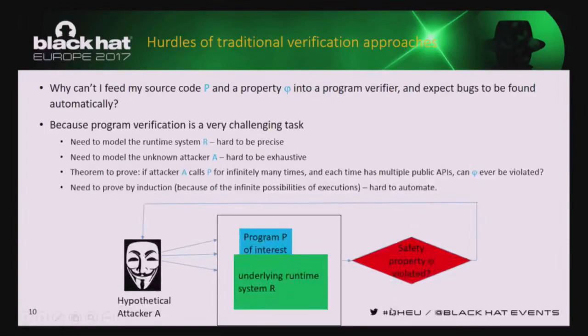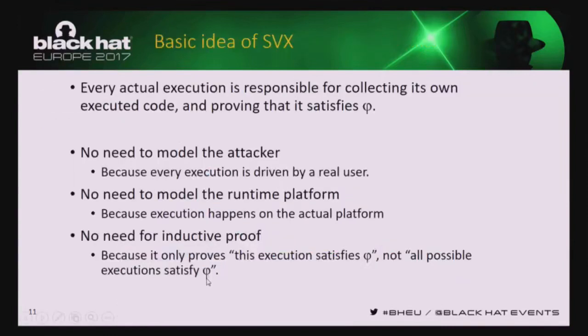So this kind of proof, because of the exponential and infinite possibilities of executions, needs an inductive proof, which means you expect the developer to come up with something called a loop invariant and some good lemmas in order for the proof to go through. So this is very difficult to automate. Now the purpose of SVX is to lower these hurdles so that program verification can be used to check real programs, at least in web protocols.